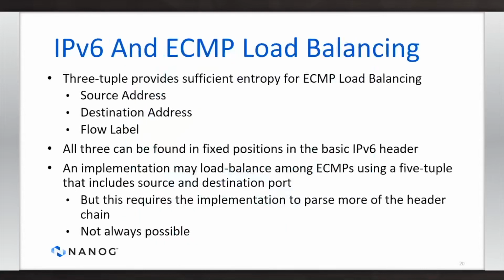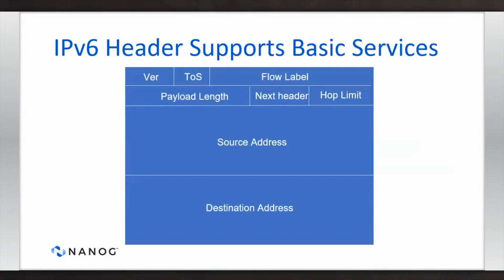So let's talk a little bit about some of the advantages of this. Actually, let's go back to this slide a bit. You'll find that there are fewer fields in the IPv6 header than there were in the IPv4 header. Well, how can IPv6 be an improvement on IPv4 if it has fewer fields in its header? Well, we'll see in just a second.